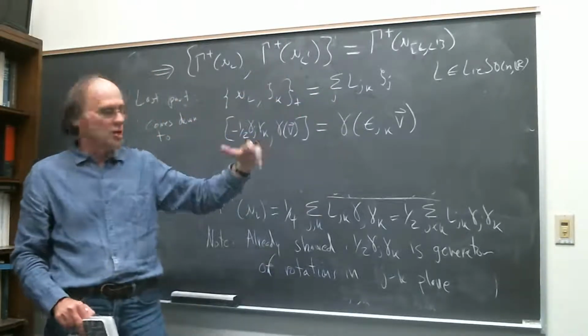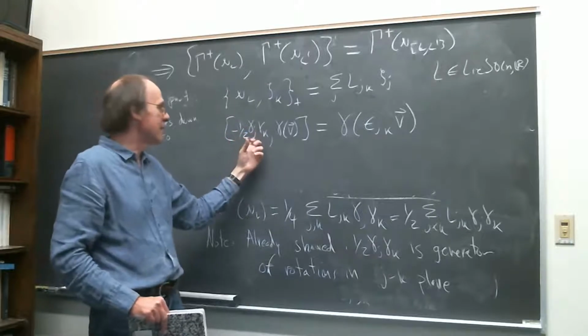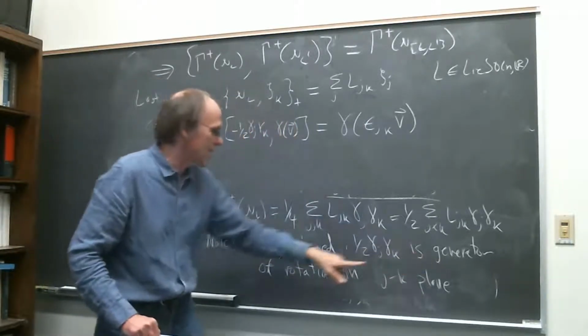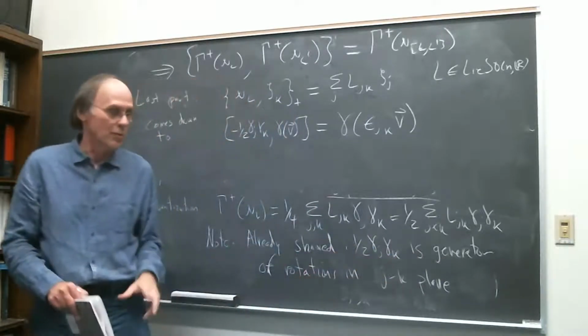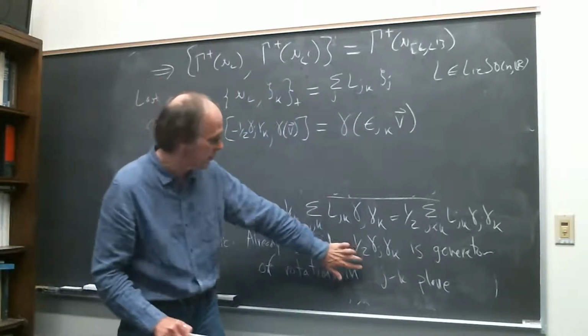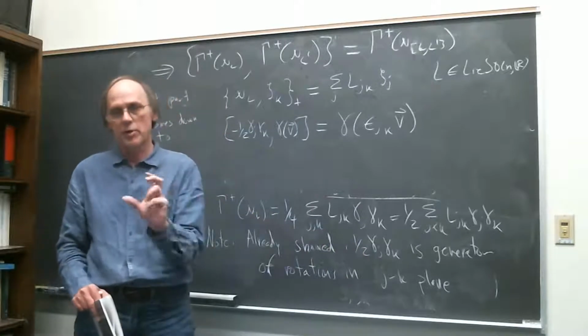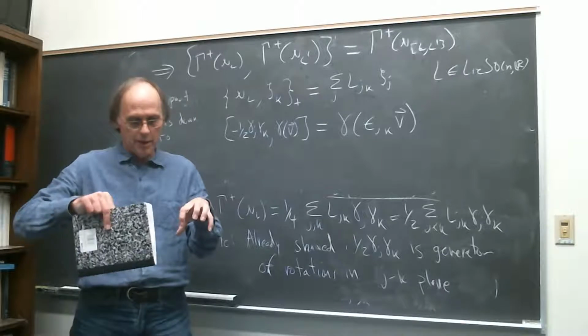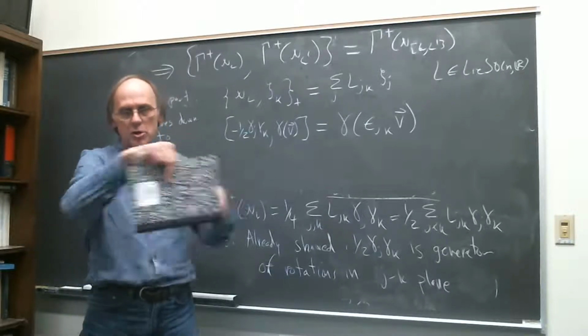That really just comes down to showing that this guy really does act here as claimed as a generator of rotations. The point is that once you know the geometry, once you know that these guys are the generators of rotations in the epsilon_jk plane, you know what happens if you commute two of them.